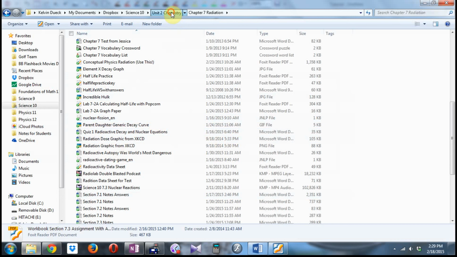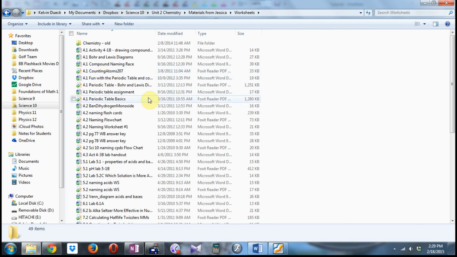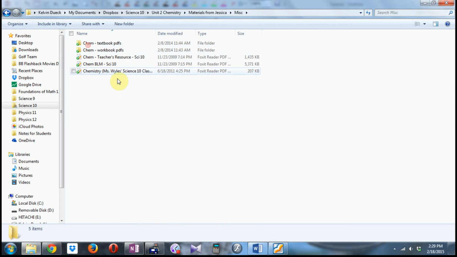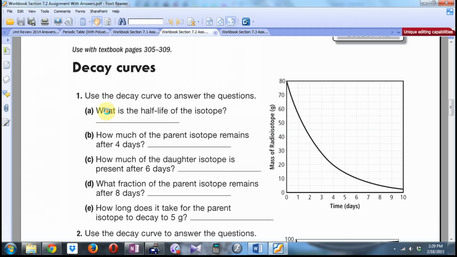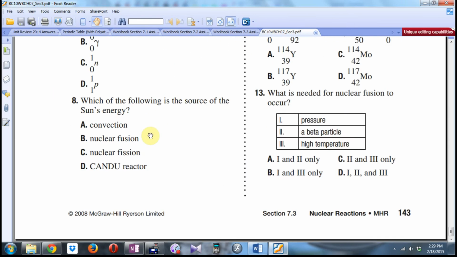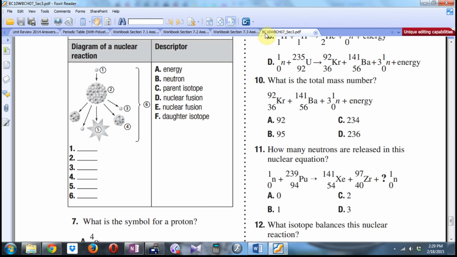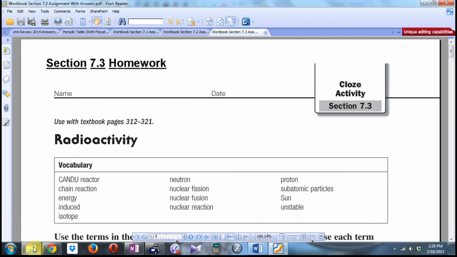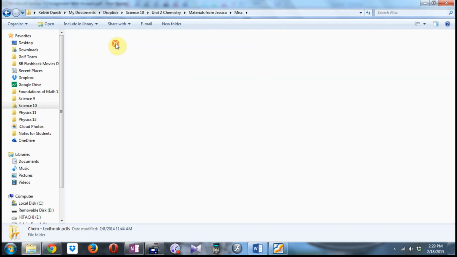Let me give you a couple to practice from if you guys want. Oh, I don't want that. Oh, that's not what I want. I want textbook PDFs. There we go.